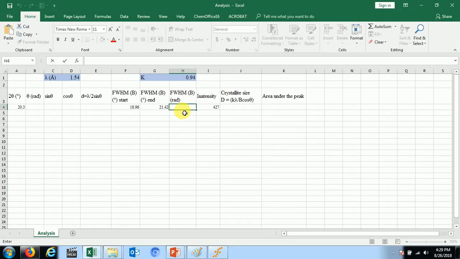So the difference is in degree. I have to convert to radian, multiplied by pi divided by 180.